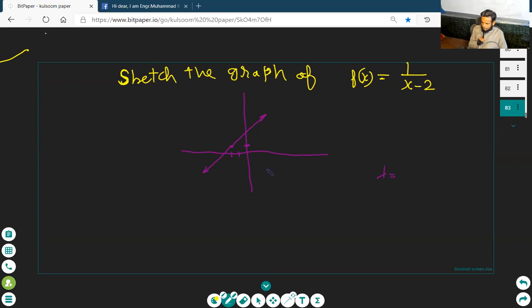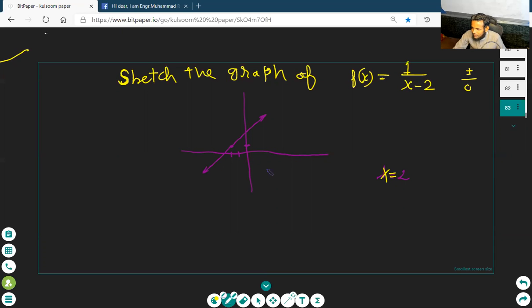x equals 2. x is equal to 2. It is asymptote. You say x is equal to 2 is asymptote. Tell me why it is asymptote, not hole. Because by putting x is equal to 2 we get only 0 here, okay, not above. Above is not equal to 0.